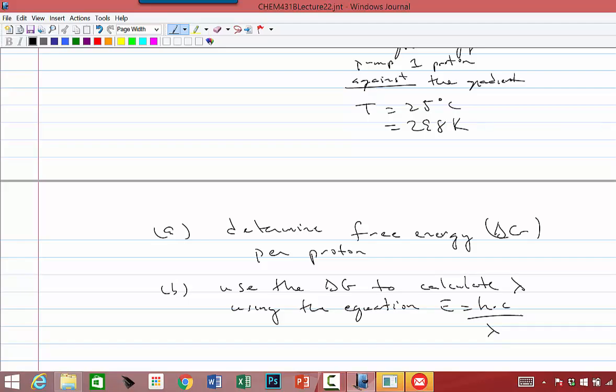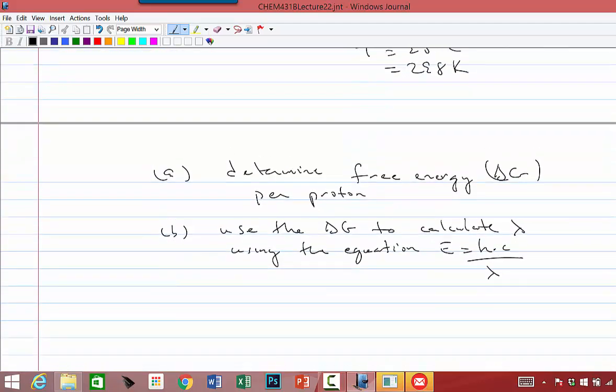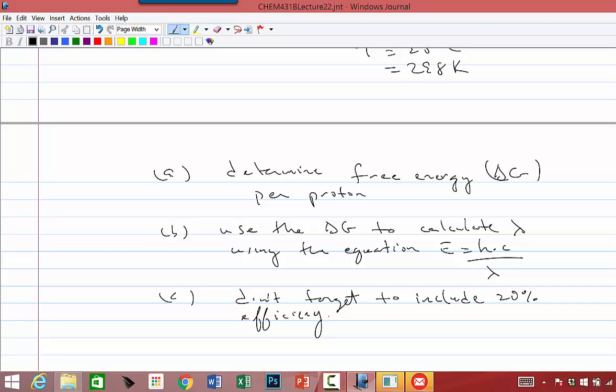Okay. And then C, don't forget to include 20% efficiency. So that sort of maps out what I want to do. Okay.